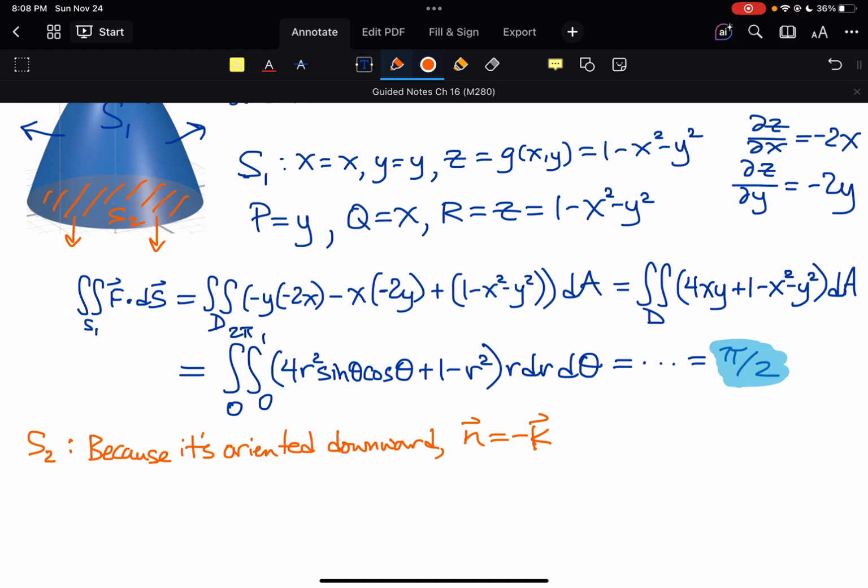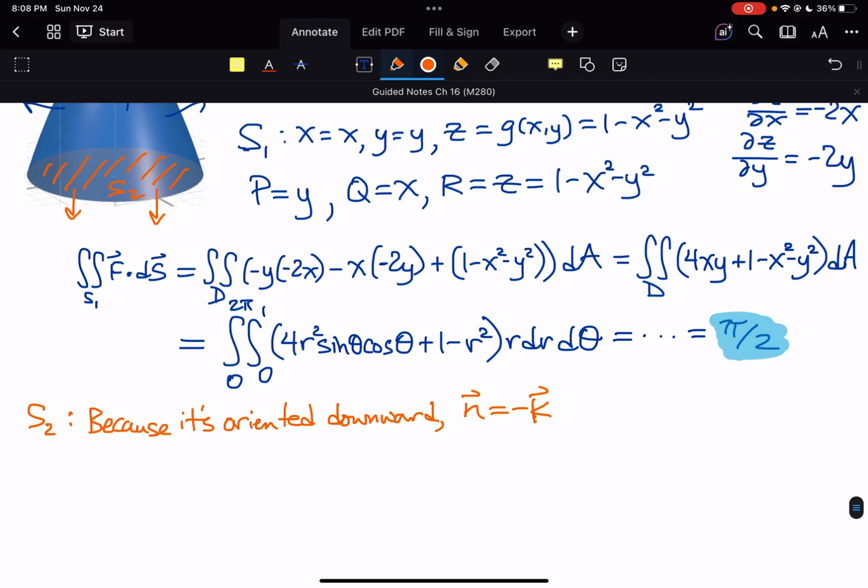So we actually have an alternative version of the formula that we looked at first that we haven't used yet. We can use it here. So the surface integral over S2 of f dot ds is the surface integral over S2 of f dot n ds.